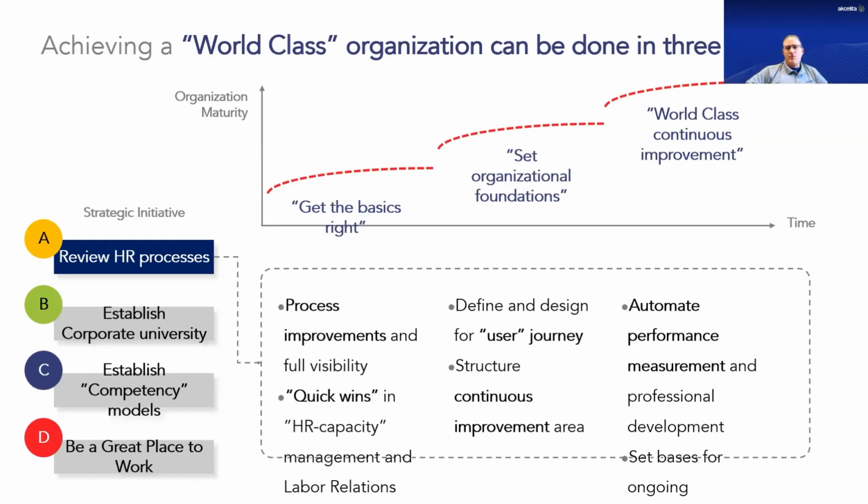But particularly in the review HR process, we divided that in 3 stages, 3 waves of implementations, where the first one was to get the basics right. I mean, you need to have visibility of how long an application for a change, I want to go work in a different area, how long it took. Nobody knew, and it took too long.